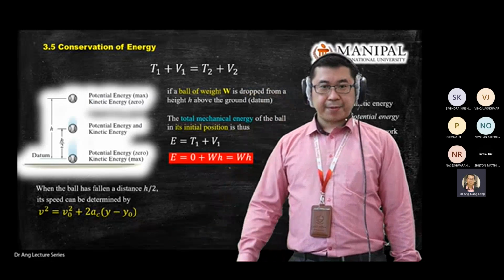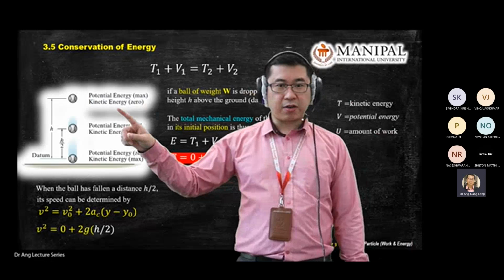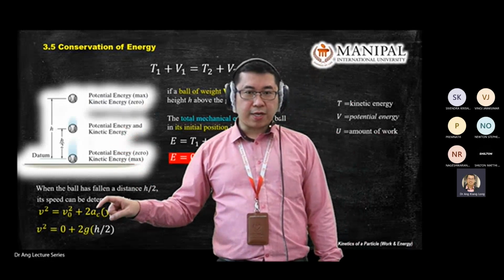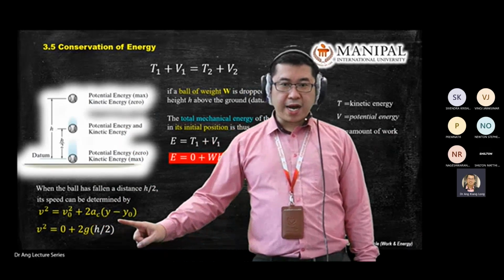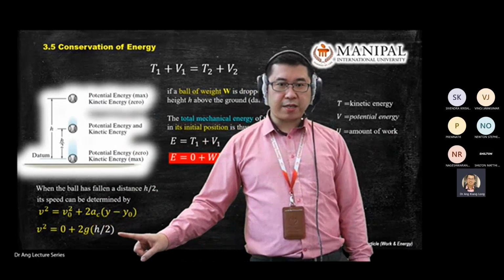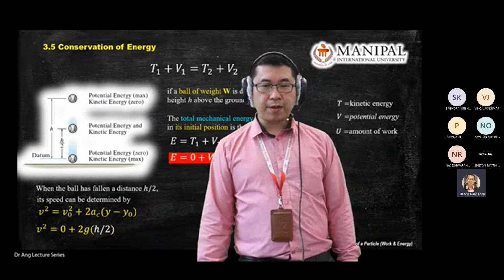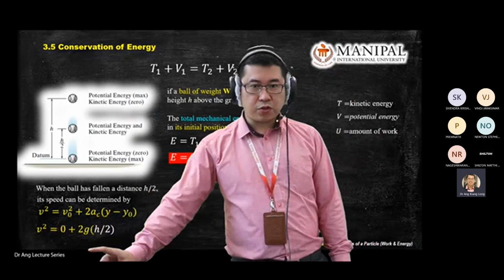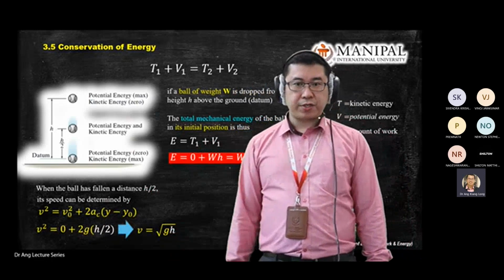That's for your info. In this case, gravitational force is acting on the object, and gravitational force is always constant, so you can use this equation. A becomes G. The change of y becomes h divided by 2. Initial velocity is 0. So your V becomes square root of GH.